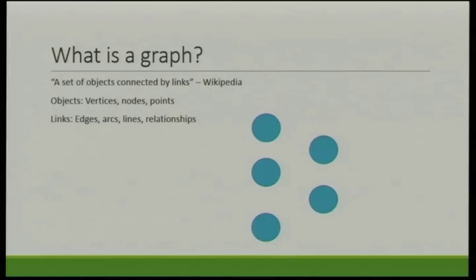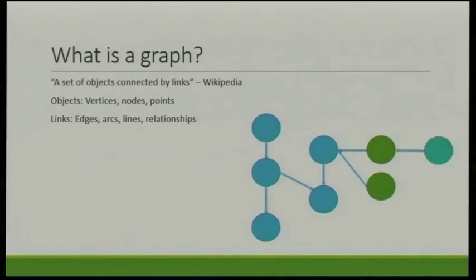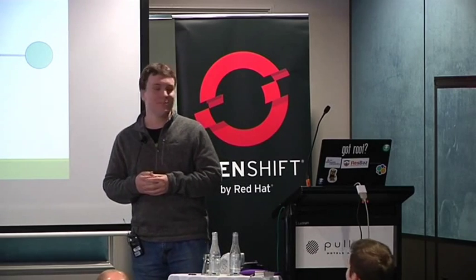So you start with some objects, you add some links, you add some more links and some more objects, you add one more, you've got a graph. If I switch between terminology, the objects can also be called vertices, nodes, or points. The links can also be called edges, arcs, lines, or relationships. I guarantee I will switch between terminology. I might even call edges vertices, and for that I apologize in advance.